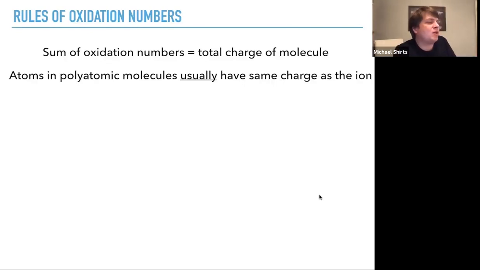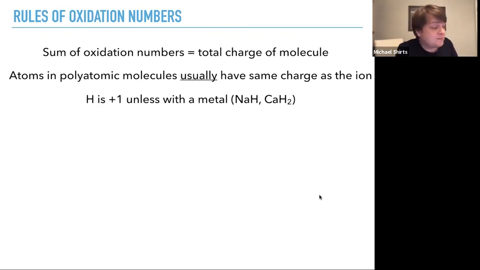Atoms in polyatomic molecules usually, and there are a lot of exceptions, but you start out by saying, unless I have other evidence, that atoms in polyatomic molecules usually have the same charge as the ion, unless it results in something nonsensical. Then we see which ones are more likely to have the same charges as the ion and which are less, and give the extra charge to those that are less likely to remain the same.